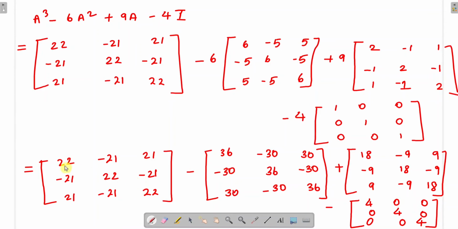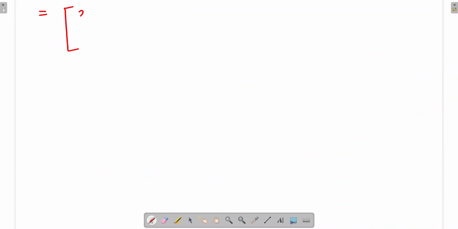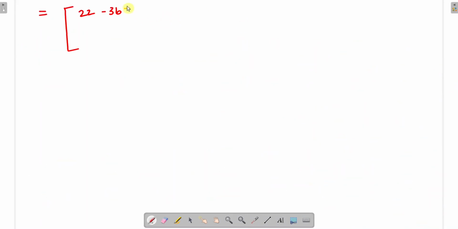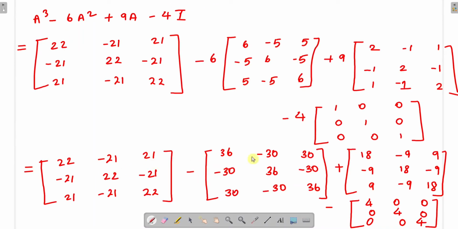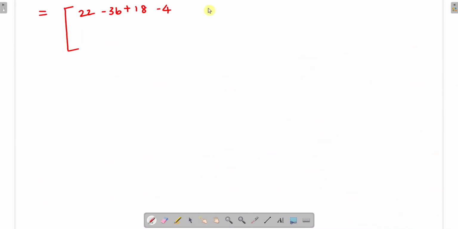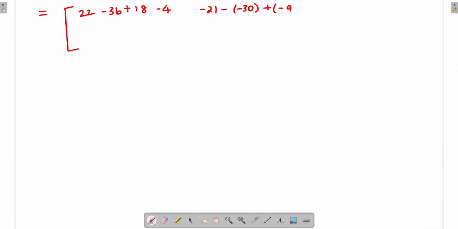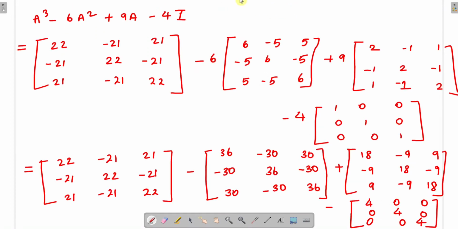Now we can take the sum or the difference, whatever it is. 22 minus 36 and then plus 18 minus 4. Then minus 21 minus of minus 30, plus of minus 9, then we have minus 0.